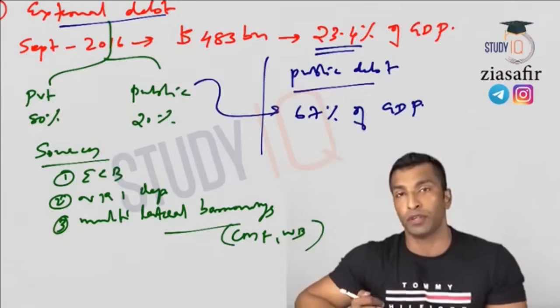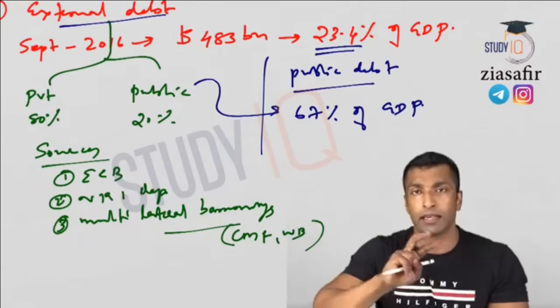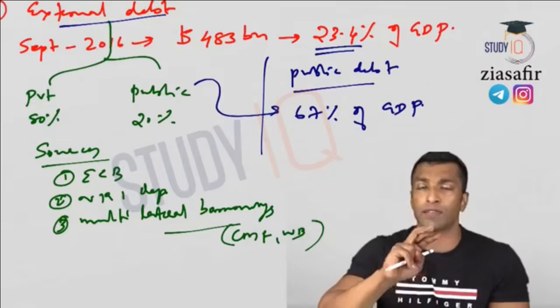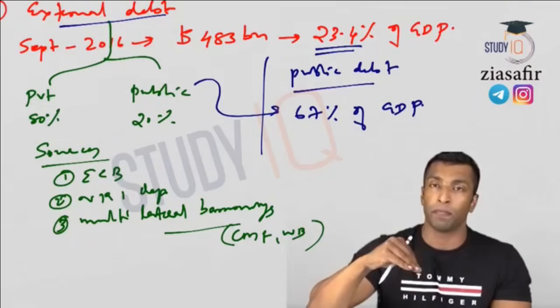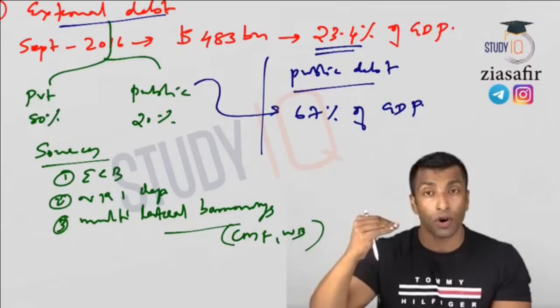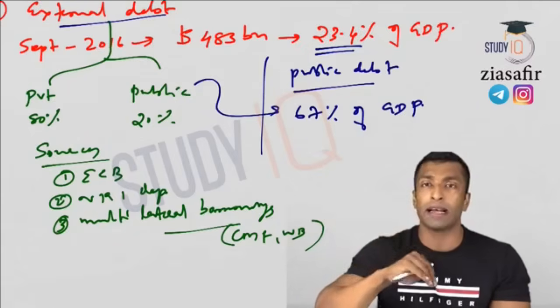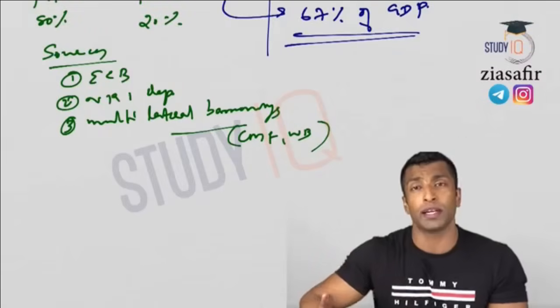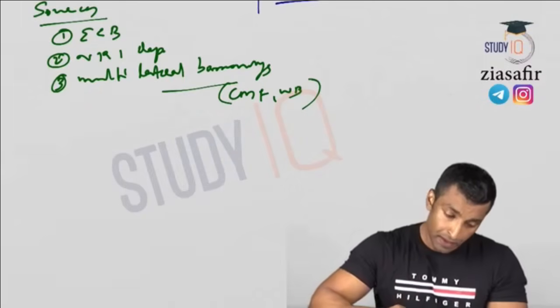So I hope you understood the difference between external debt and public debt. External debt is the debt on the entire country, private as well as government, and from outside only. Public debt means debt of government from outside as well as India, okay? And this is 67%, close to 3 times. You need to have a rough idea about this.